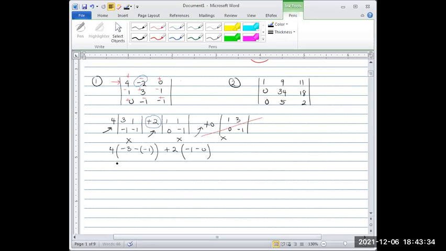So what you're going to have now is 4 minus 3 plus 1 plus 2 times -1. This is 4 times -2 plus 2 times -1. That's -8 minus 2, which is equal to -10. And that there would be my answer.